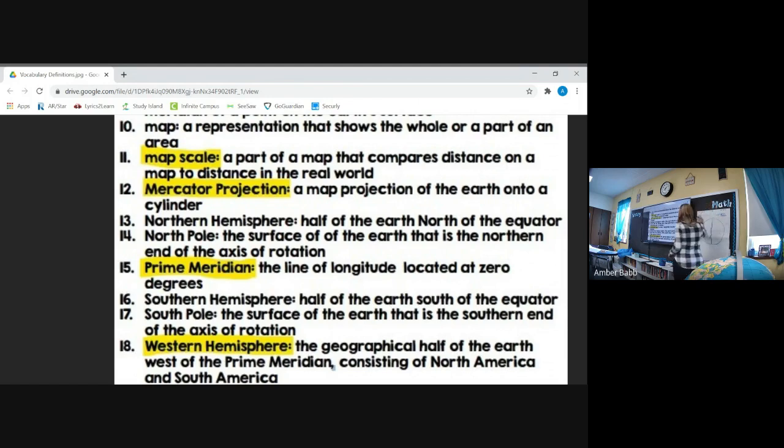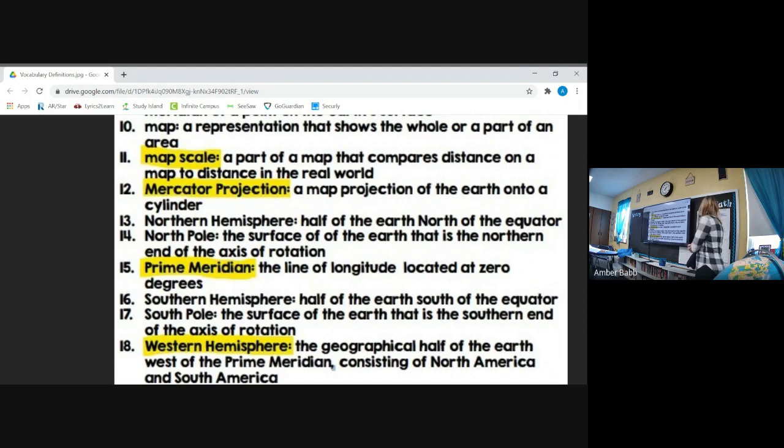We've got an eastern hemisphere and now a western hemisphere. Again, hemi means half. So half of the sphere of Earth, eastern half, western half. The prime meridian divides us into an eastern and a western half. So that's your next definition you're going to write down. We've got equator, we've got prime meridian.